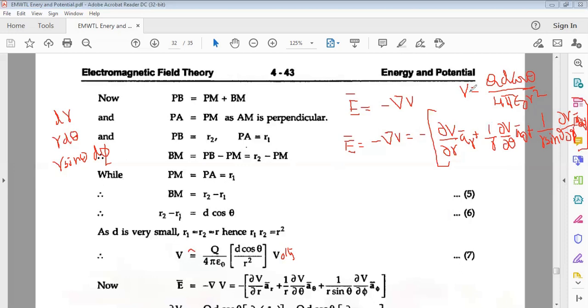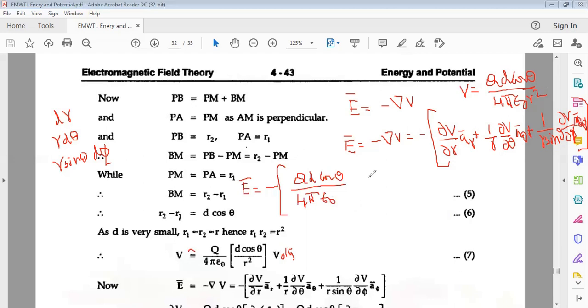Now take V here and apply the derivative with respect to R, with respect to theta, and with respect to phi. So E bar is equal to minus of the first term, dou by dou R. The remaining terms, Q d cos theta whole divided by 4 pi epsilon naught, are constant, and dou by dou R applies to 1 by R square.